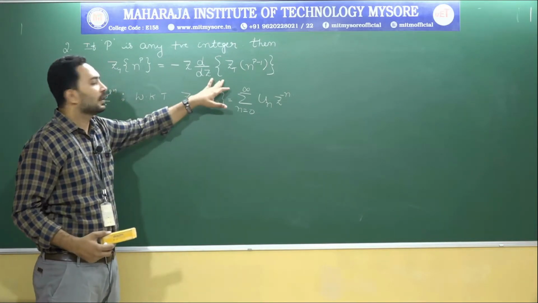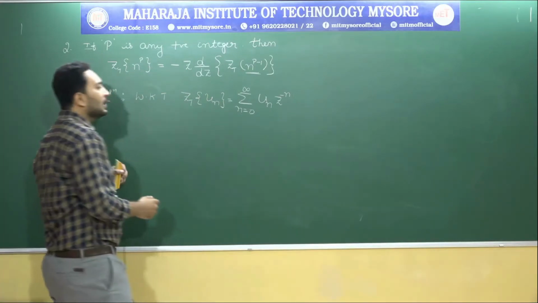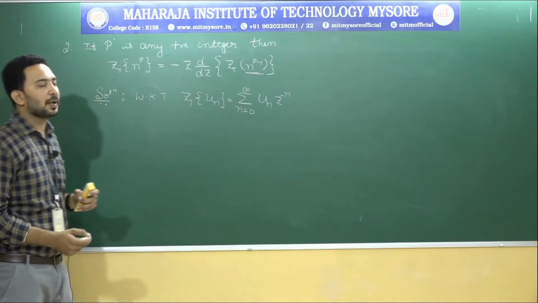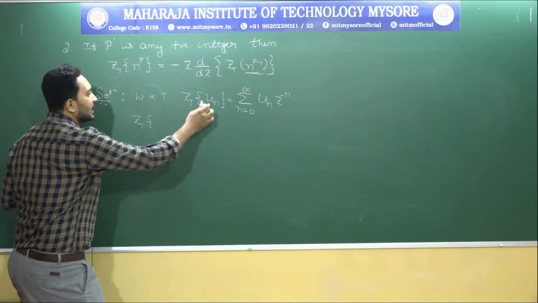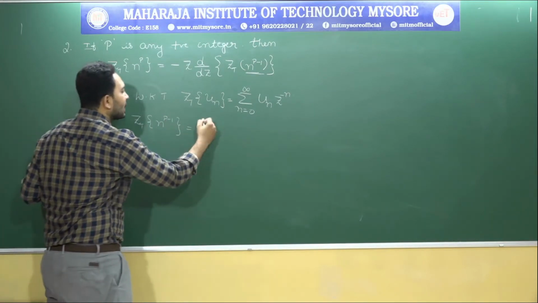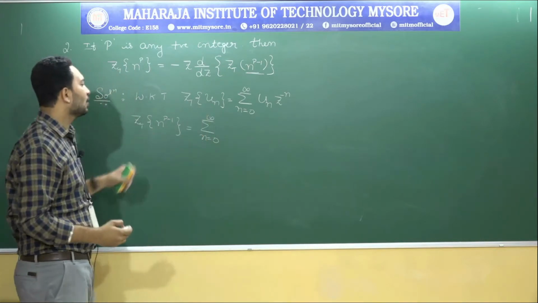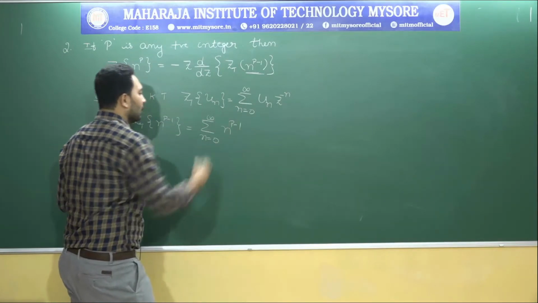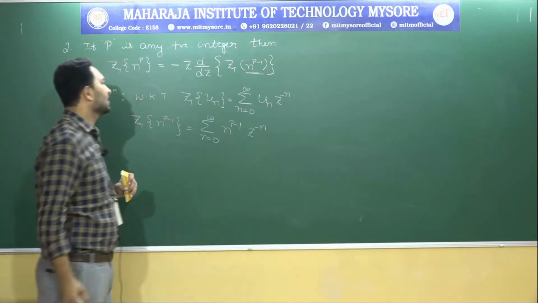So I'll take the right side and I'm going to prove the left side. In the right side we have z transformation of n power p minus 1. So I require z transformation of n power p minus 1 here. So this becomes summation n equals 0 to infinity, replace un by n power p minus 1, we get n power p minus 1 z power minus n.